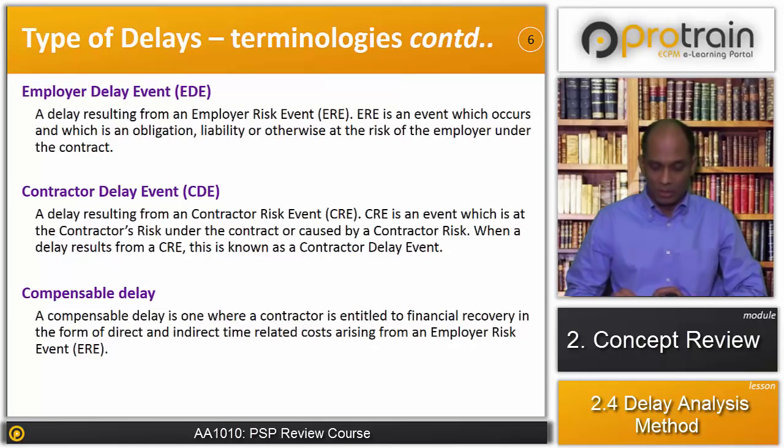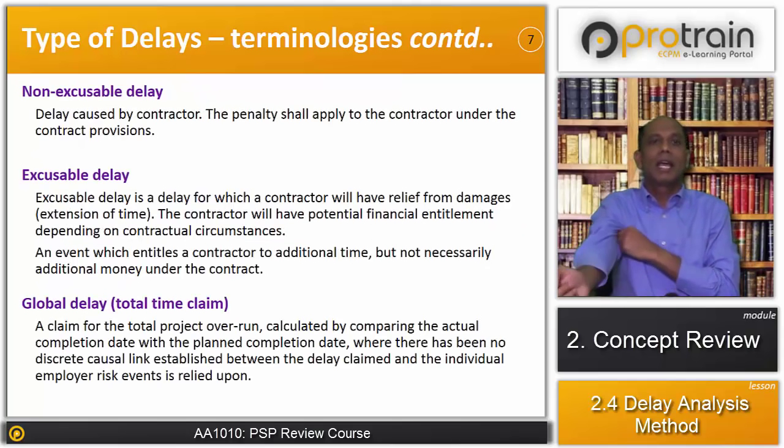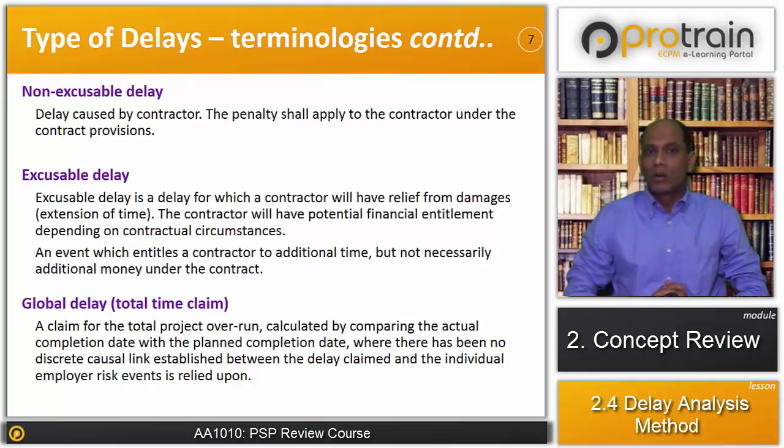Now let's talk about other delay types, that is non-excusable delay and excusable delay. Delay caused by the contractor is called non-excusable delay. Say there is a design bid build project, and the contractor has been given all the information on time. The owner has completed his obligation fully.